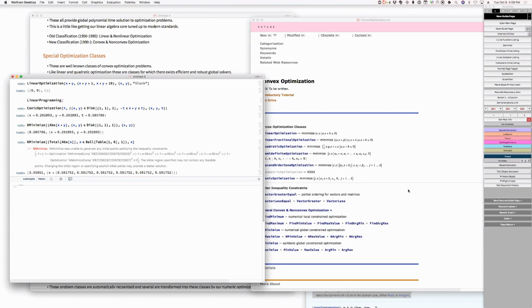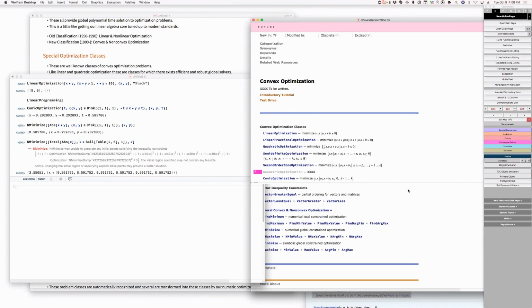NMinimize constructs one of these and tries to do the transformations which get it into one of these solver forms. If it succeeds, it calls the solver, and if the solver succeeds, end of story. Otherwise, it goes back to the default methods NMinimize always used to have, or if somebody specifically specifies some method, then it'll use that method, obviously.